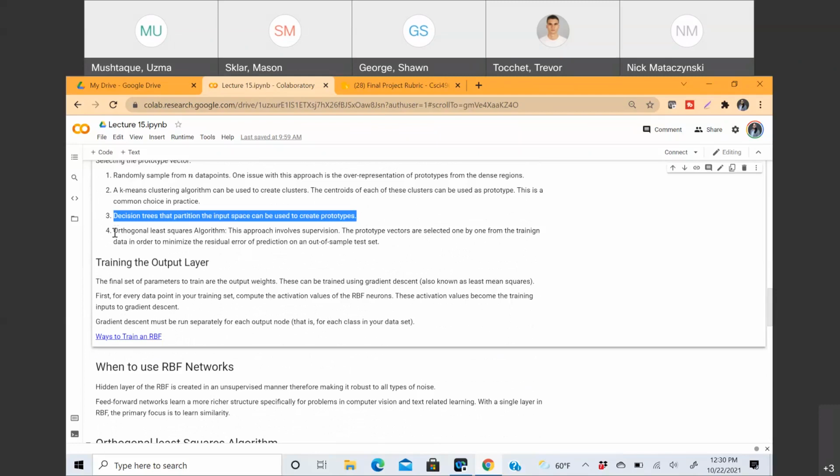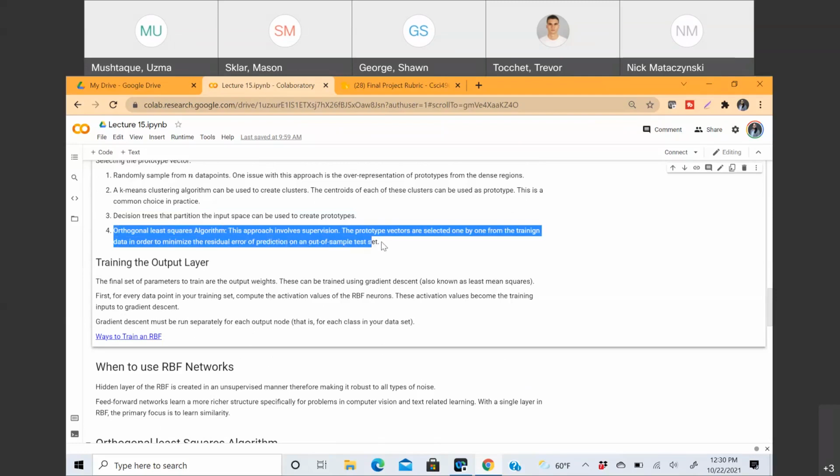And then the last one, which we will discuss a little bit, is the orthogonal least squares algorithm. This approach involves supervision, because the way we select the prototype vectors is that we keep training and we look at the prediction error. You'll see that this is a pretty inefficient algorithm, so to make it efficient, we make sure that the prototypes we are selecting are orthogonal.